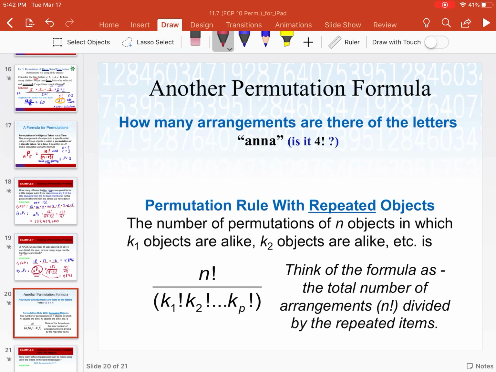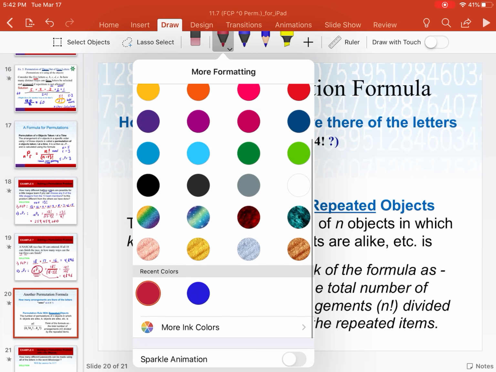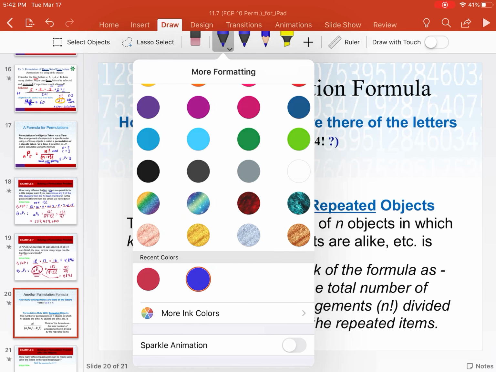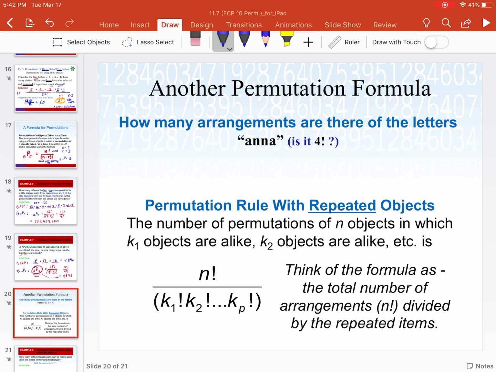Well, if you start writing them out, and you say, for example, A, N, N, A, and A, N, N, A, and you say, well, you can't count those.